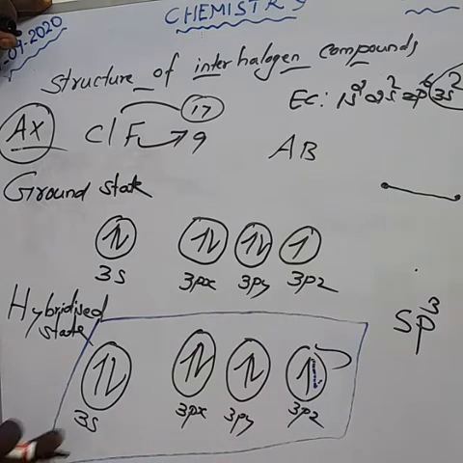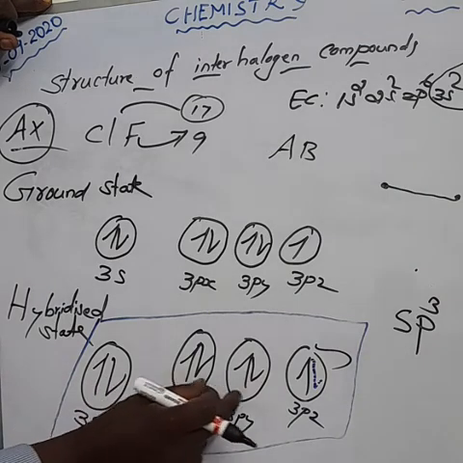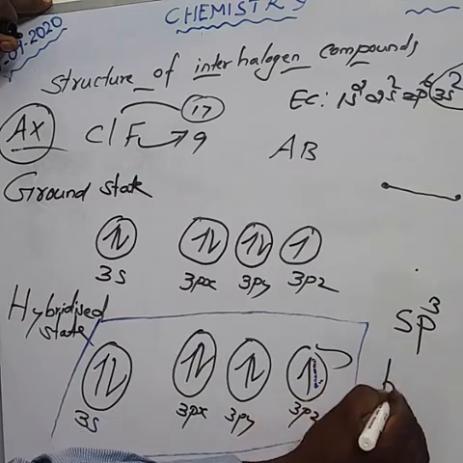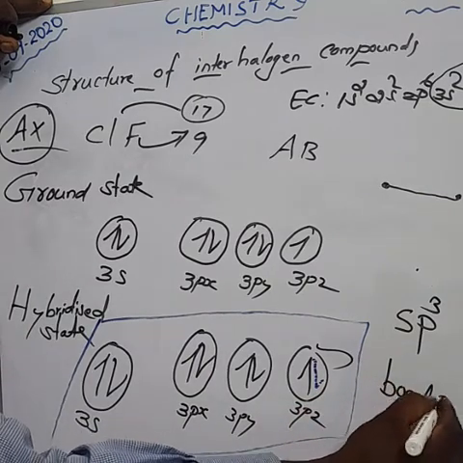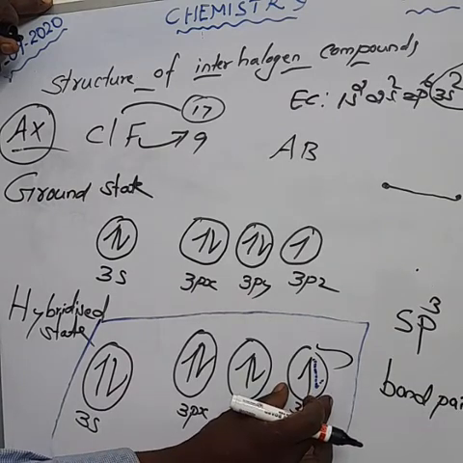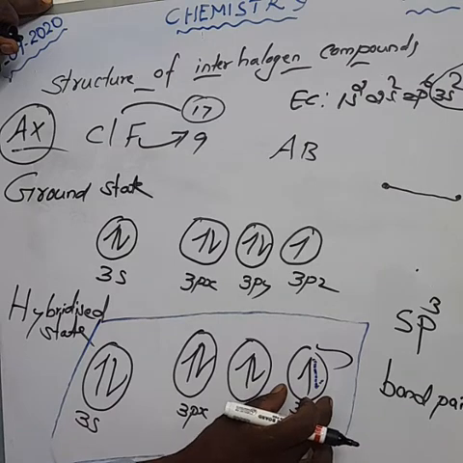How many lone pairs are there? 1, 2, 3. So the bond pair is 1, this is the bonded atom, and there are 3 lone pairs. So here we have 4 pairs of electrons: out of these 4, 3 are lone pairs and 1 is a bond pair.